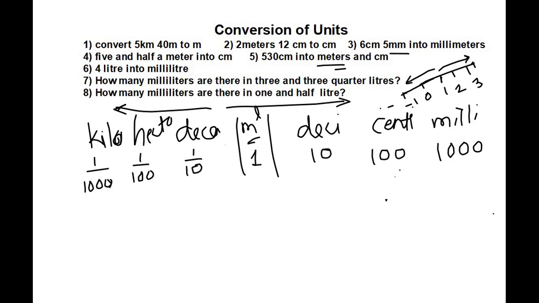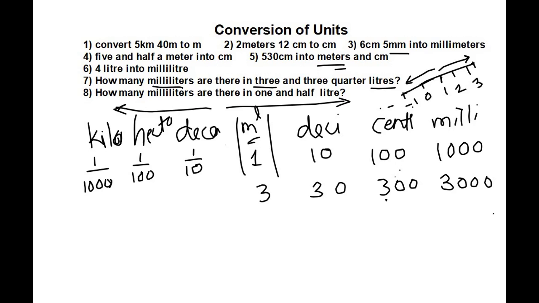Another question says how many milliliters are there in 3 3/4 liters. So if you break down the question, it's easy to solve. Here it says 3 liters. We will keep 3/4 liters aside for now. First we'll convert 3 liters. So this 3 liters, and we want it into milliliters. So this will become 30, 300, and here becomes 3000.